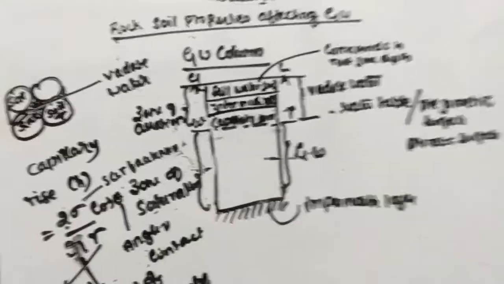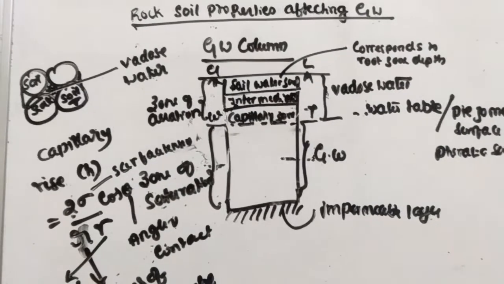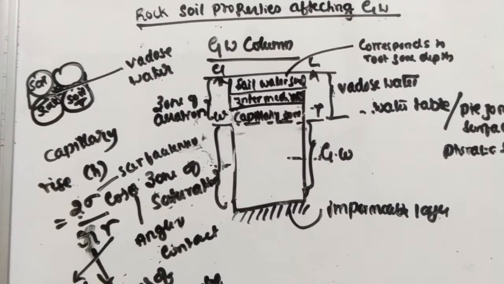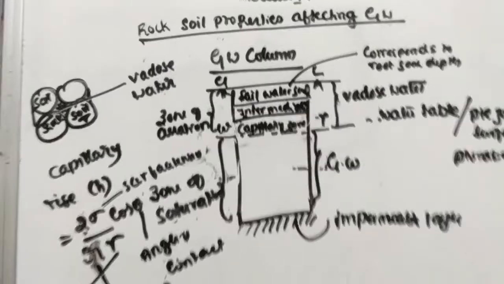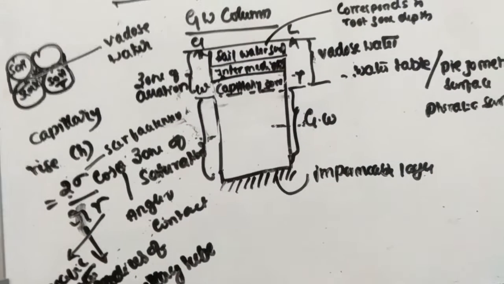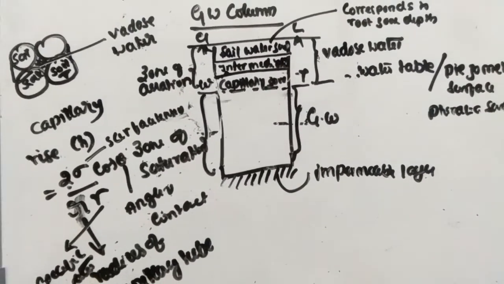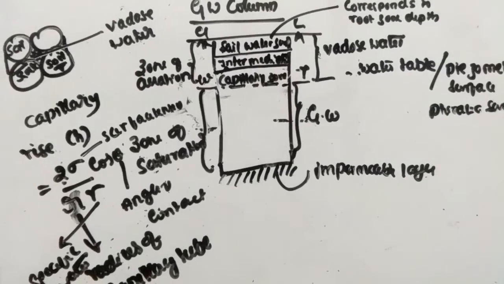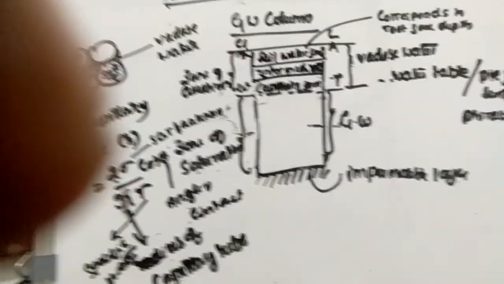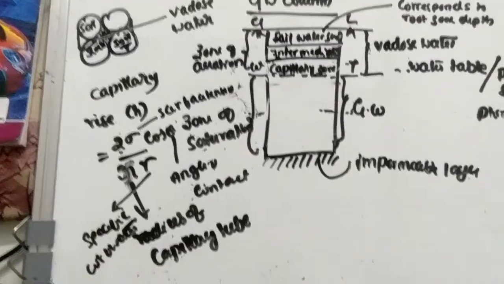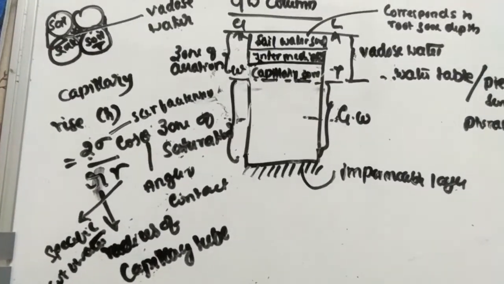This is the zone of aeration and zone of saturation. Where the soil is filled with air, that is called the zone of aeration, and where the soil is filled with water, that is called the zone of saturation. Below the water table we consider the zone of saturation, and above the water table the zone of aeration. The zone of aeration is divided into three: the intermediate zone, the capillary zone, and the soil water zone.